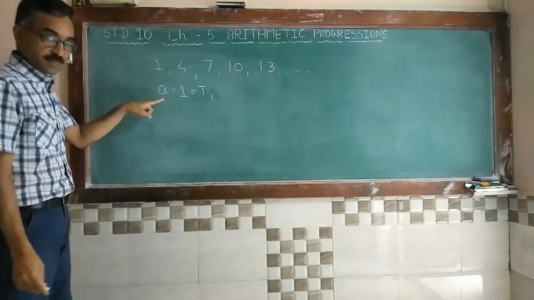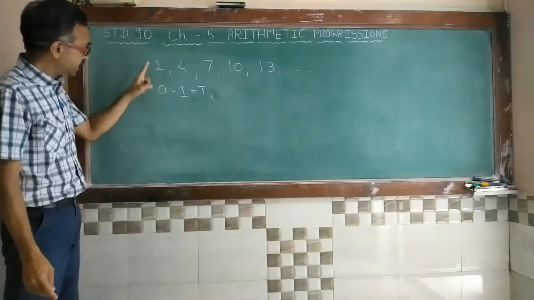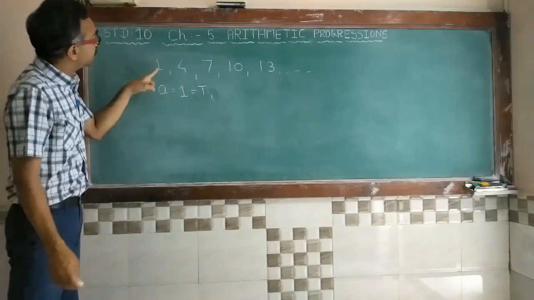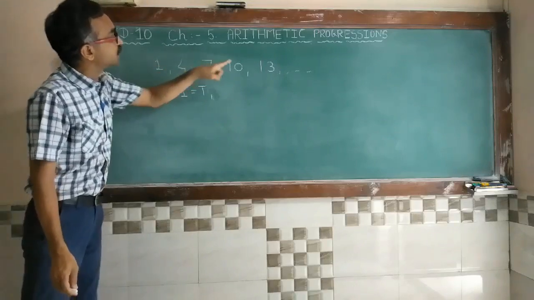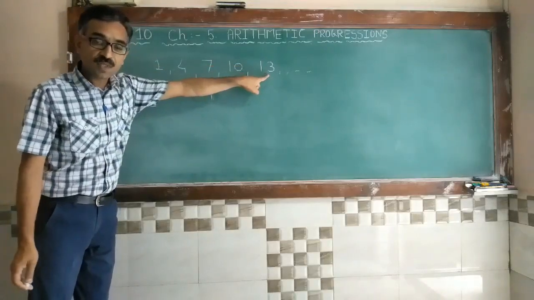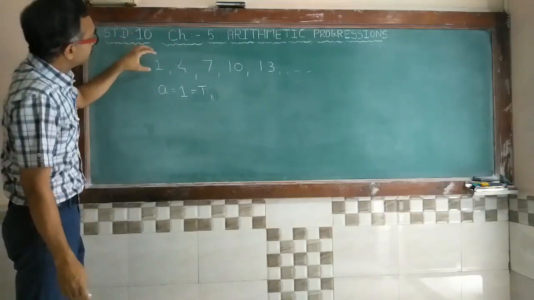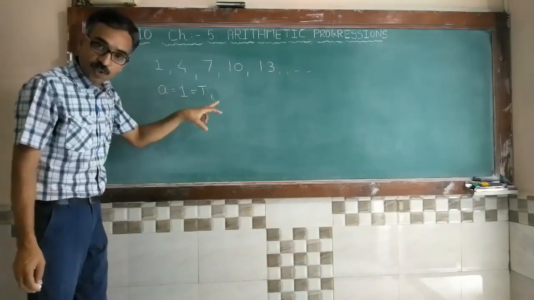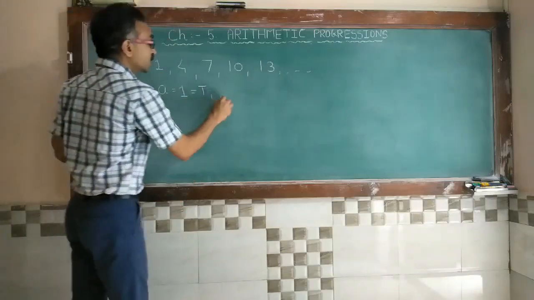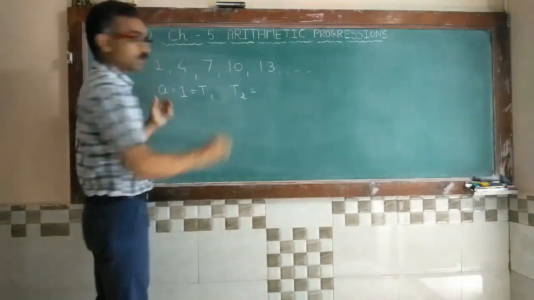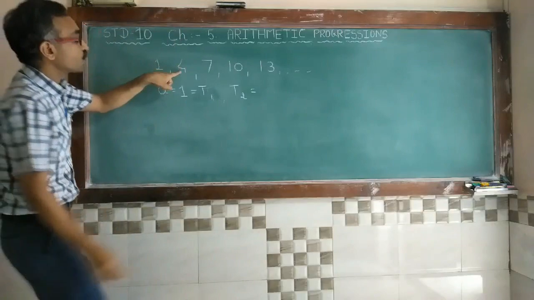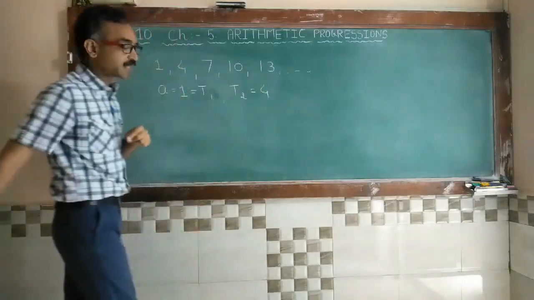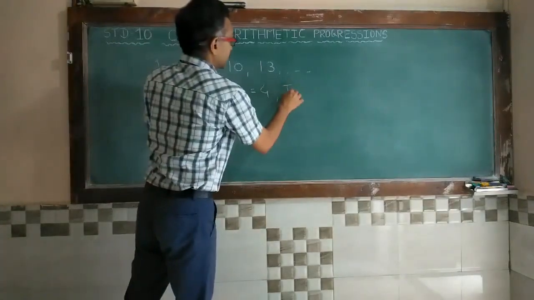Here first term is denoted by a, that is 1, or you can say t1, t2, t3, t4, t5. Now what is t2? t2 is equal to 4. t3 is 7.